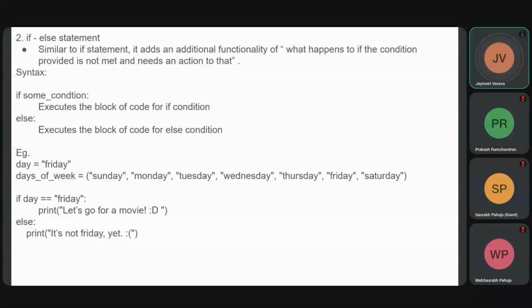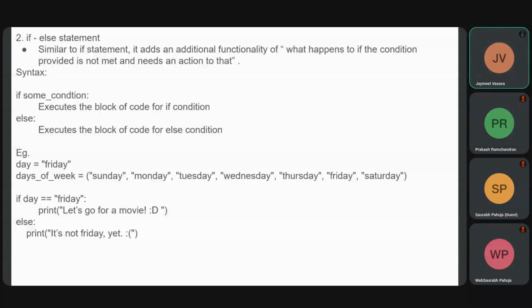Now, what if there is another condition, or another block of code, that we want to execute, that is, if not this, then this. Similar to the if statement, it adds additional functionality for what happens if the condition provided is not met and needs another kind of action.